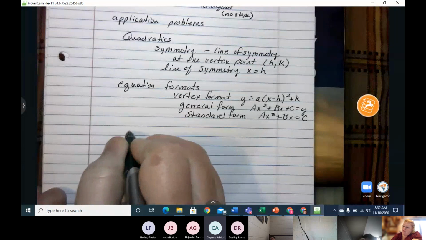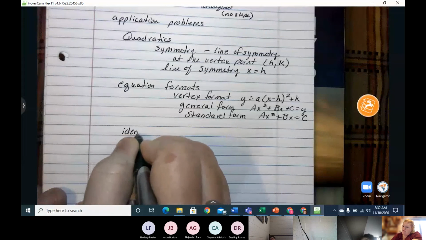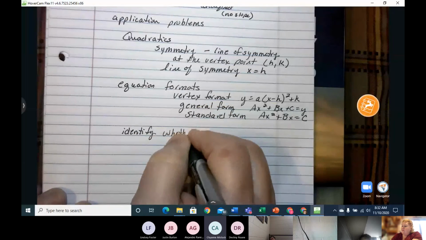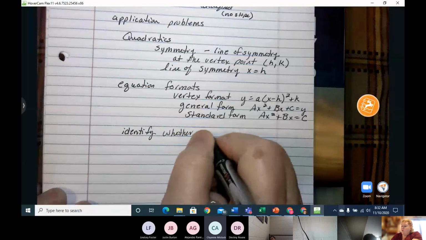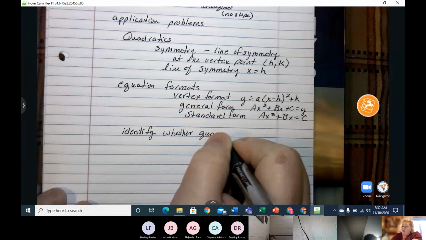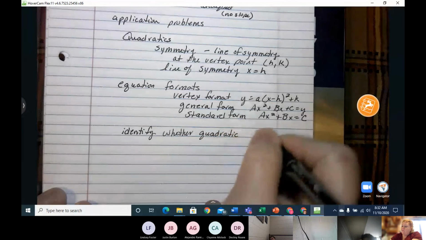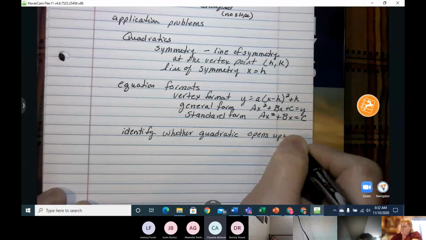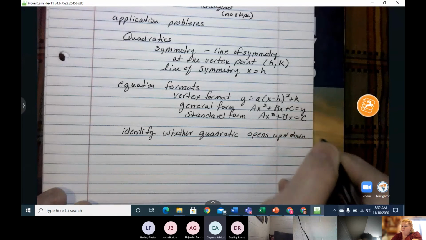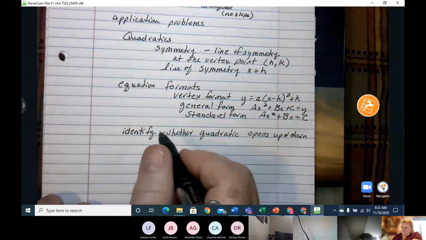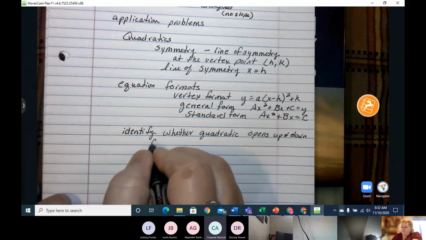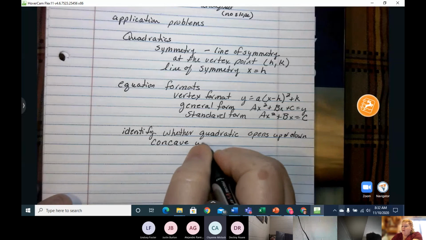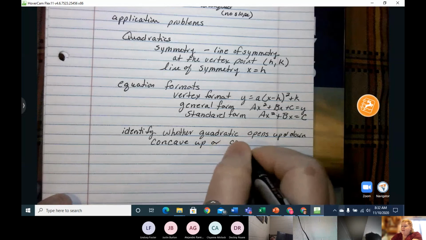You want to be able to identify whether a quadratic opens up or down, using the terms concave up or concave down.